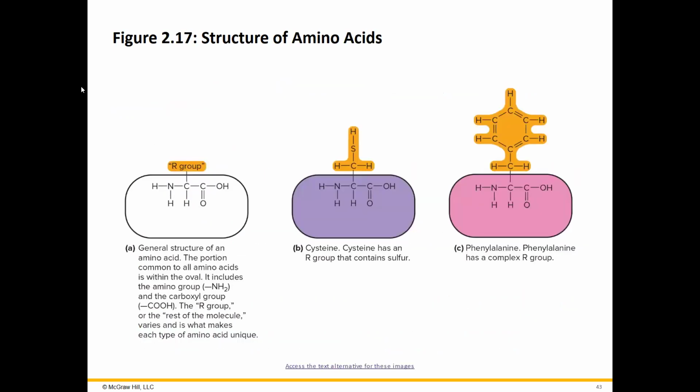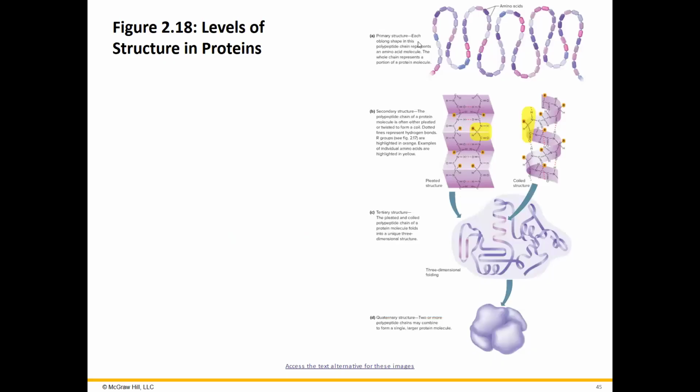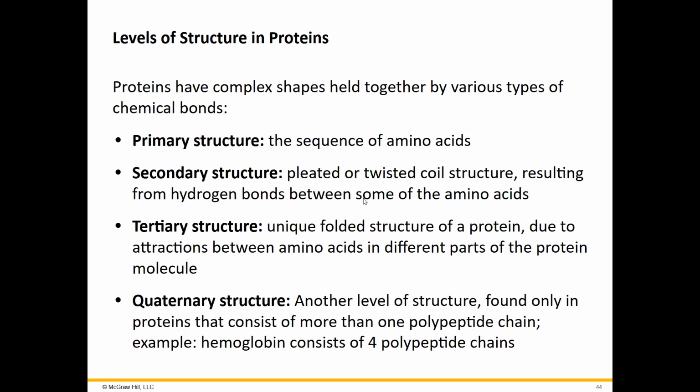So see all these hydrogens out here, they start reacting with each other in such a way that it takes this long chain and either turns it into a big coil or creates what we call a pleated sheet appearance. If I say pleated sheet or coil structure due to hydrogen bonding, that is your secondary structure of a protein.